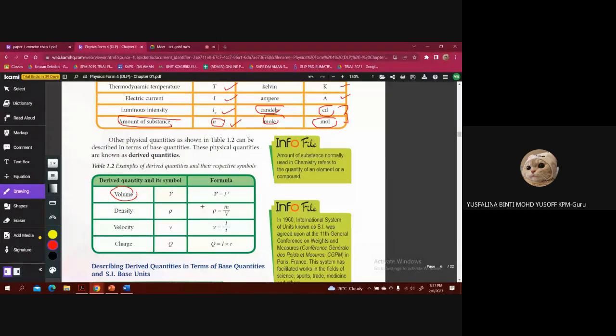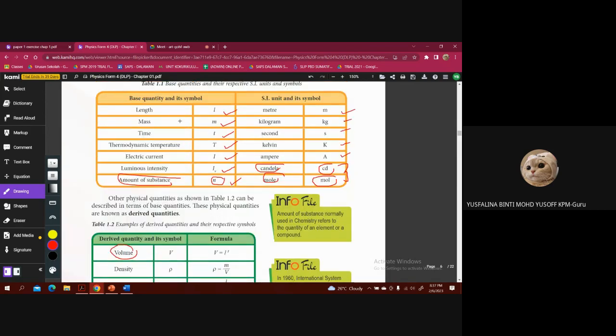We already know volume is length times height and times width. So you got the volume. So we use multiplication with the base quantity, right?